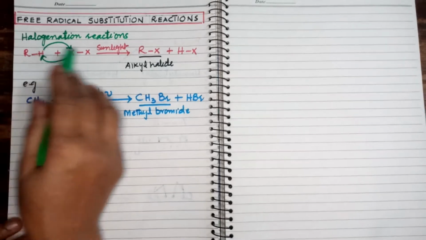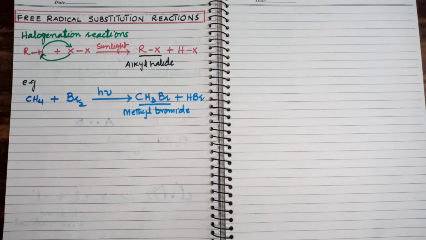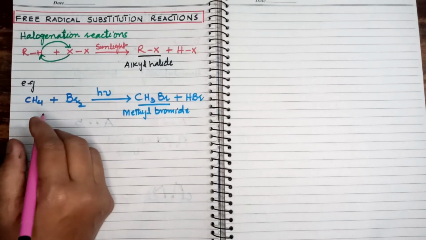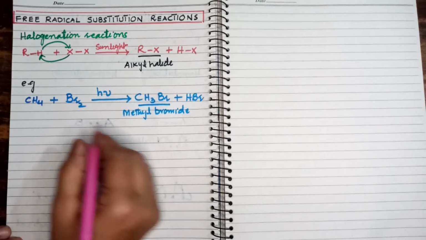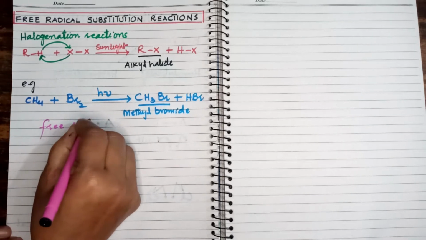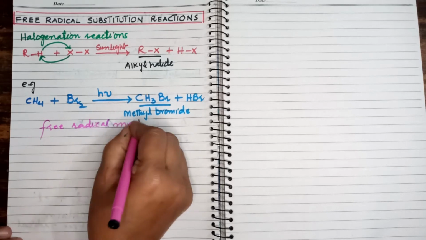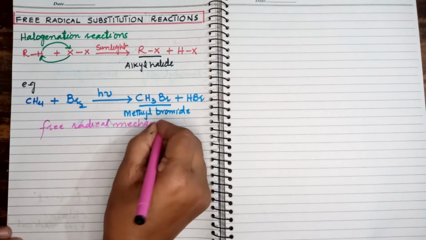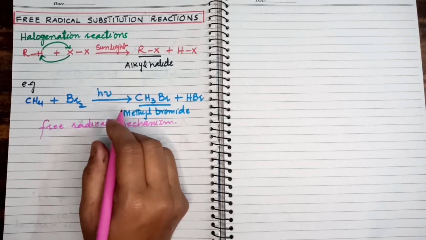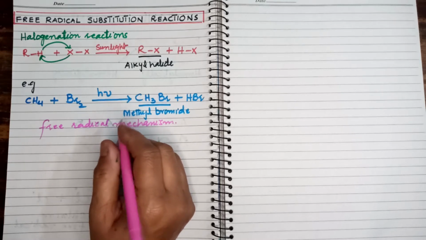Now this halogenation reaction proceeds through a free radical mechanism. Dear students, now we will see the mechanism of free radical reaction.